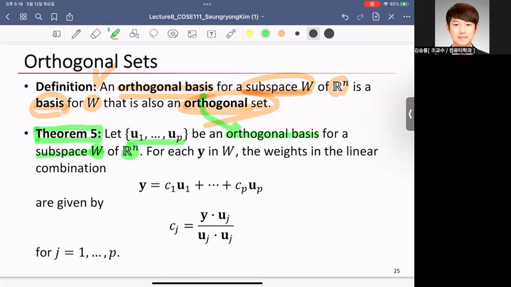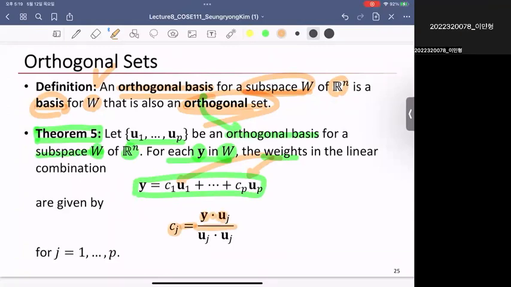For each vector y in W, the weights in the linear combination are given by c_j = (y · u_j) / (u_j · u_j) for each j. Very, very difficult, right? It's very hard to follow.